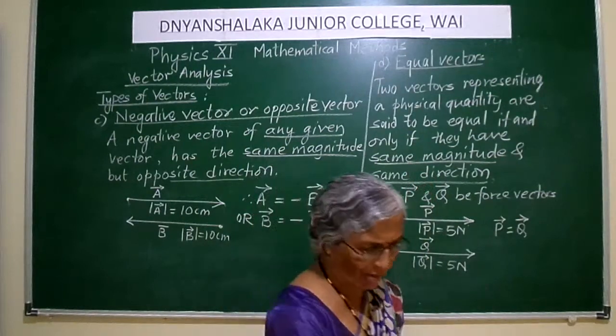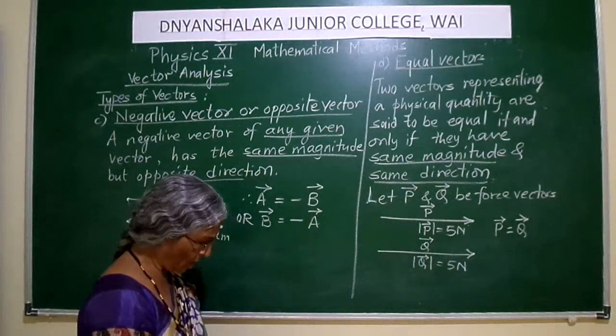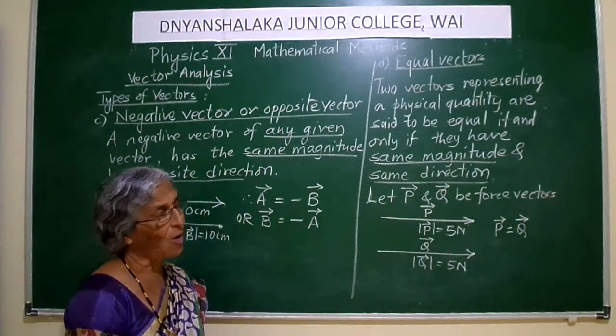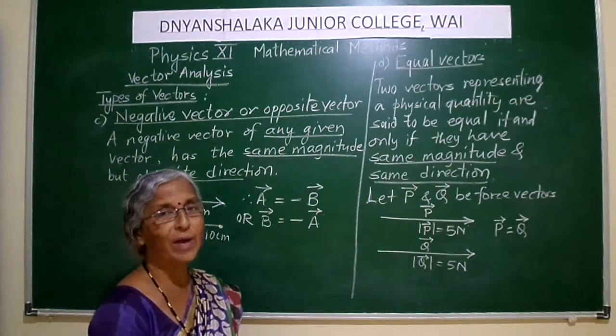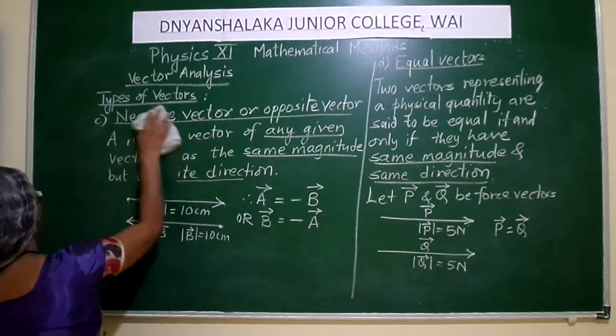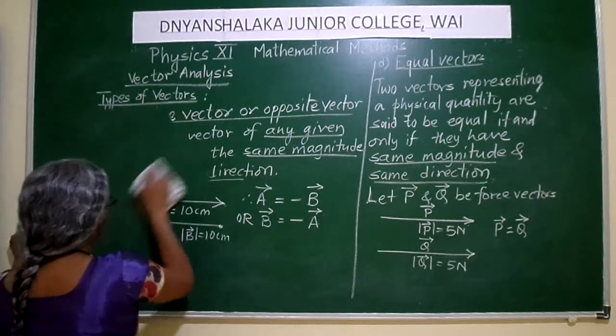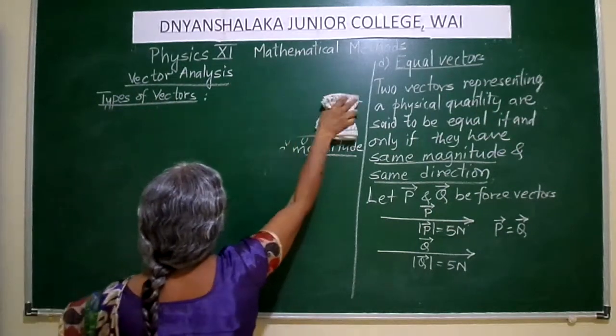So both these definitions and explanations you need to note down. These are all important points from the view of examination. Okay. So now we'll pass on to the next type of vectors in vector analysis.